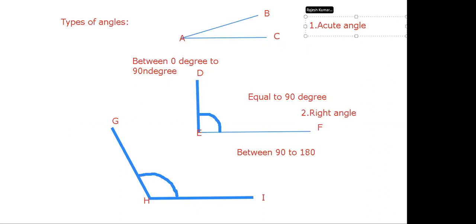And another, if the value of the angle is more than 90 degree and less than 180 degree, this third type of angle is called an obtuse angle.